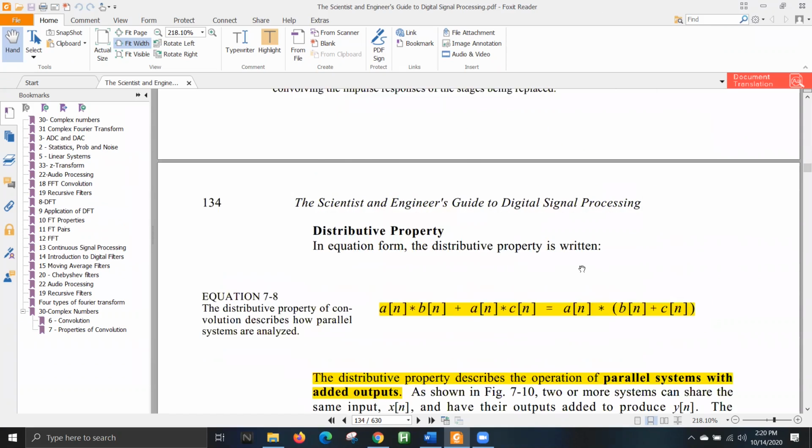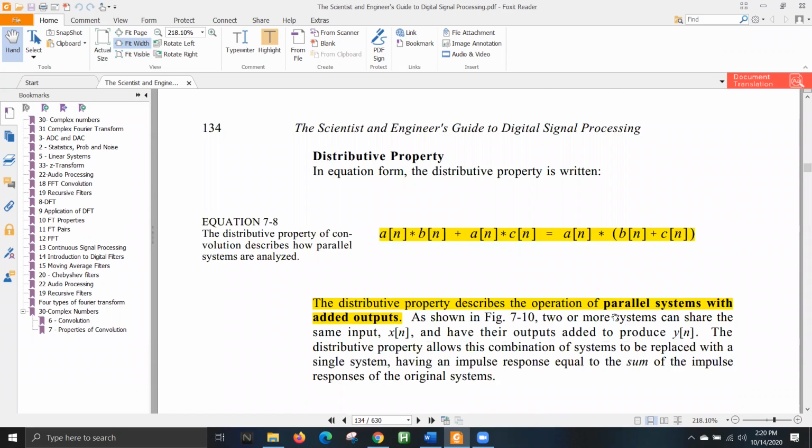Also, there is another property called the distributive property, which allows you to define how parallel systems will behave. Okay, in parallel systems, what do you do? You pass the same input a[n] through multiple systems, right? So you pass a[n] through multiple systems, such as this convolves with b, this convolves with c.